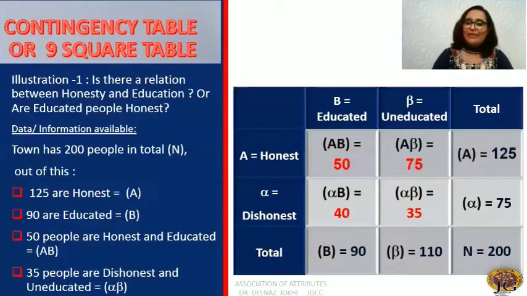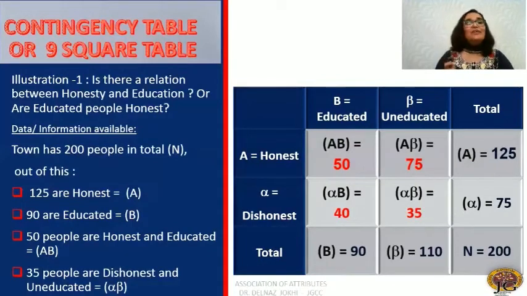All right, very good. 125 minus 50 also gives 75. 110 minus 35 also gives 75. So very good. Now all the cell frequencies are calculated by you, and this table which you have correctly calculated with my help is known as a contingency table.